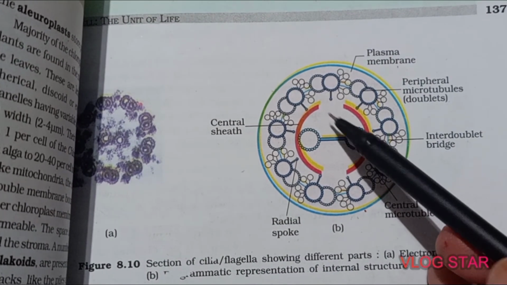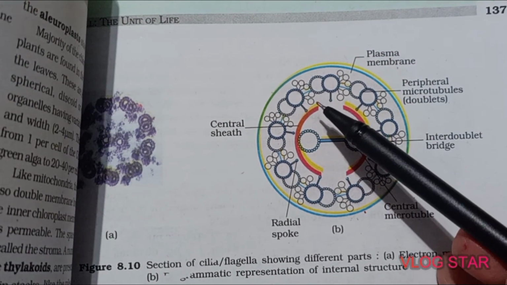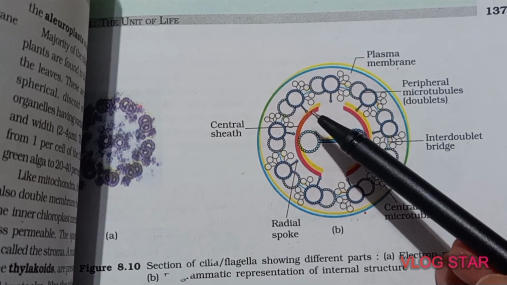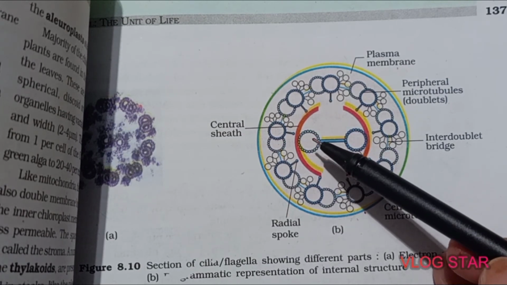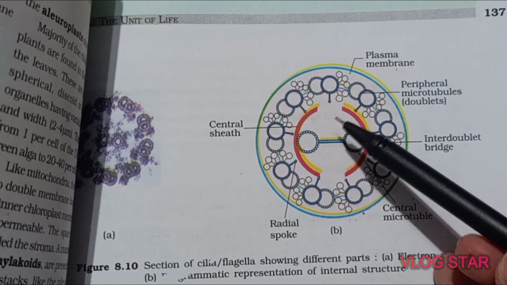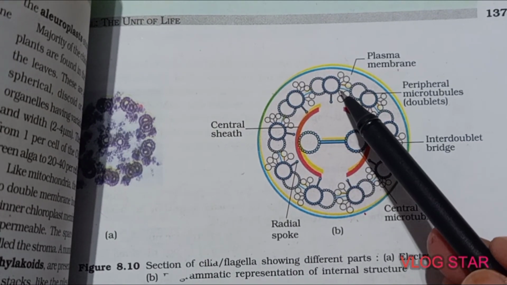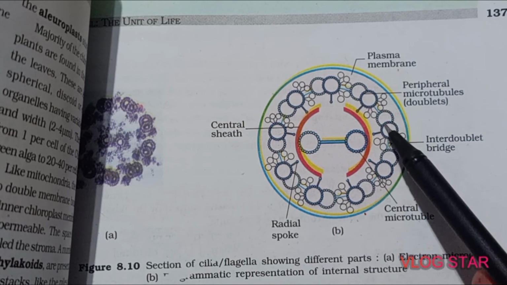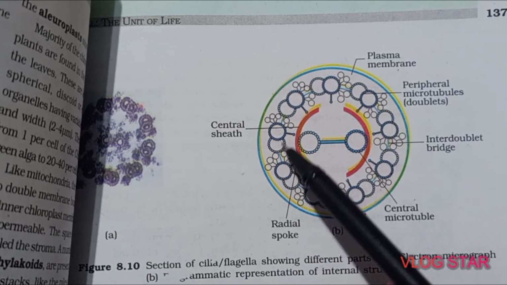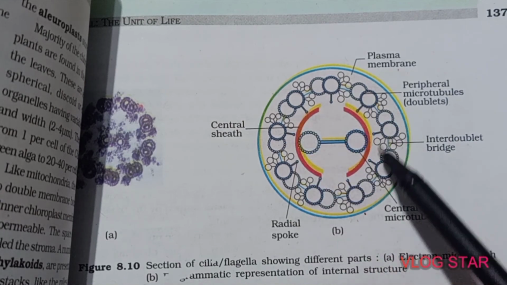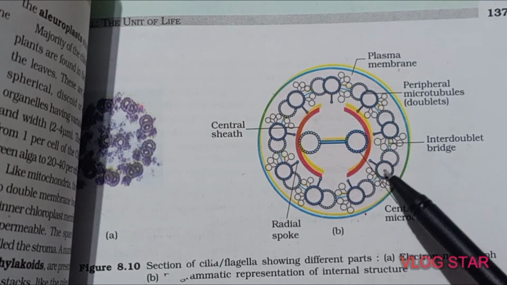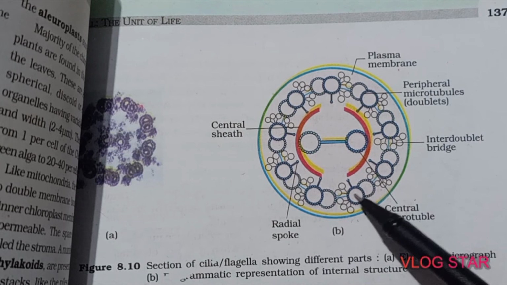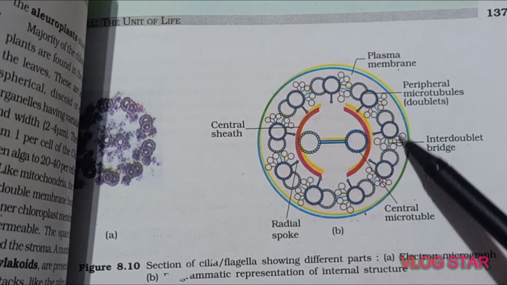So you can see that in the axoneme there are several radially arranged microtubules present. You can see 1, 2, 3, 4, 5, 6, 7, 8, 9. These are the 9 doublets, because in each there are 2 microtubules present. So there are 9 doublets peripherally arranged.